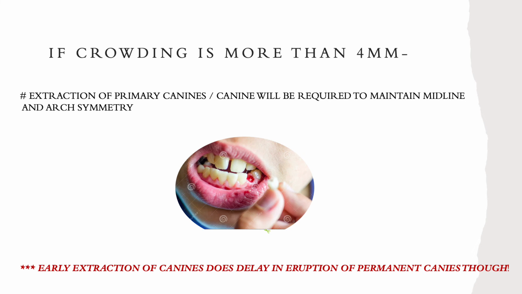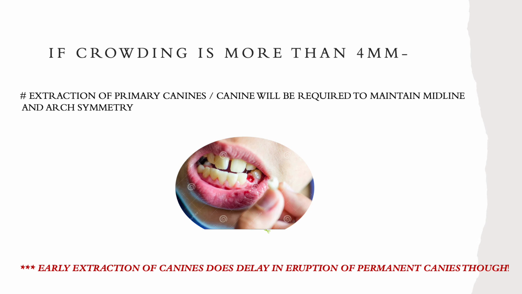Now, what will decide the extraction of which primary canine? That depends on which side you see the midline shifting. Let's say if the midline is shifting to the right, that means the left primary canine will be extracted. Whichever way, the doctor will educate you and let you know.